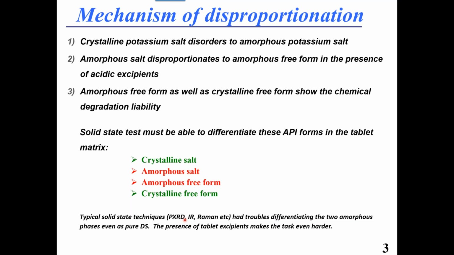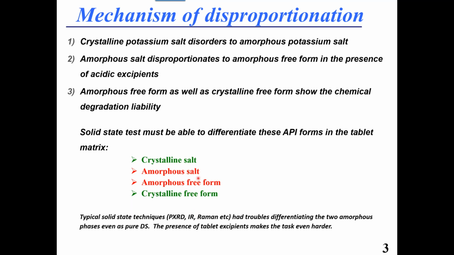And they all had trouble differentiating the two amorphous phases, mostly even as pure drug substance, not even in the presence of the complex excipients and the other APIs in the formulation. So I should say that IR was at least successful to do it in drug substance. It could differentiate the salt from freeform, but it couldn't differentiate the crystalline phases from amorphous phases.